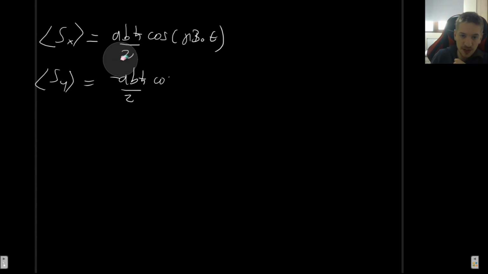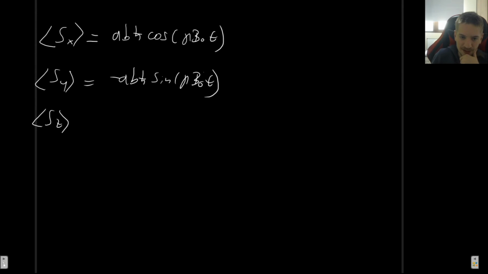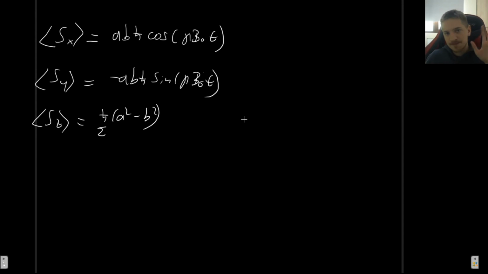Oh, actually this was not divided by 2, sorry, my memory failed there for a minute. It wasn't divided by 2. Not cosine, the sine, this is why I don't trust my memory, sine of gamma b0 t, and the expectation value of Sz that we just found was h bar divided by 2, a squared minus b squared. Okay, so this is what we have right now.